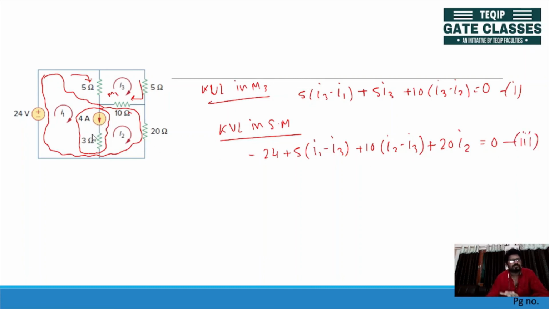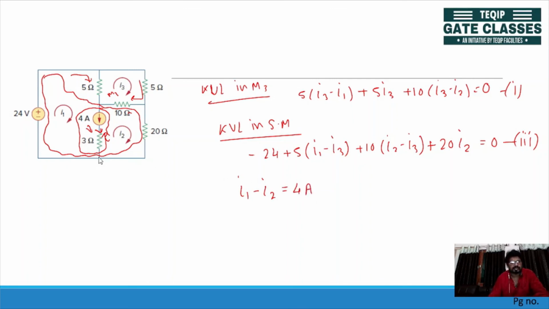Now you have two equations and three variables, so one equation is left, and that is very simple. We have 4 ampere in this branch, but according to our assumption, the mesh current in this branch is I1 in this direction and I2 is like this. So there is a difference of I1 and I2 in this branch, but this 4 ampere source is supporting I1, so we can take I1 minus I2 is equal to 4 ampere.